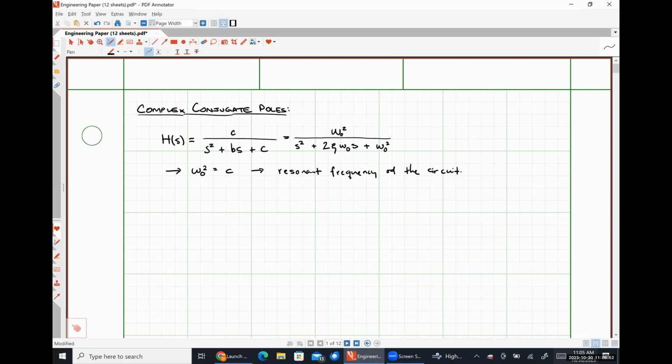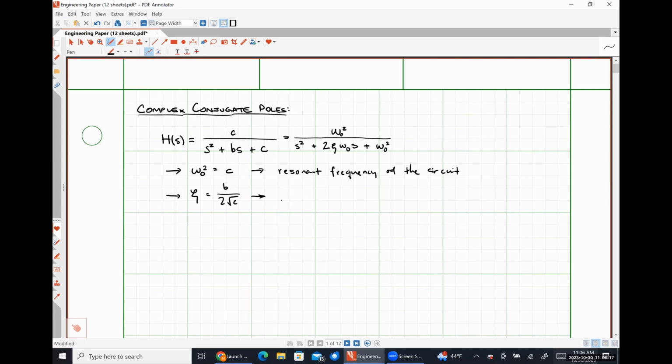Our coefficient zeta is going to be equal to B over 2 times the square root of c from our coefficients above.